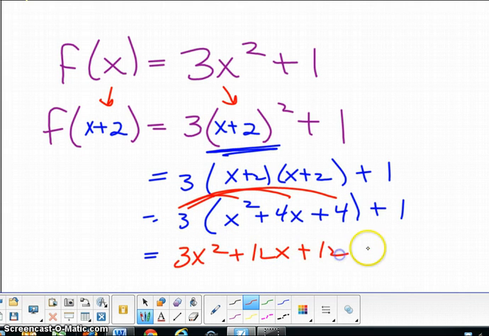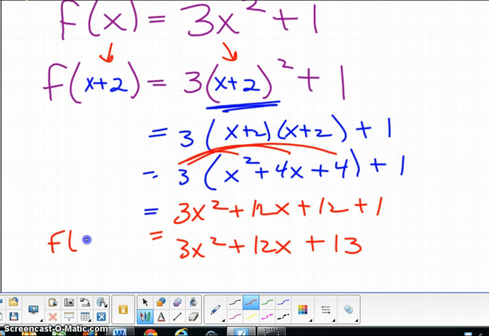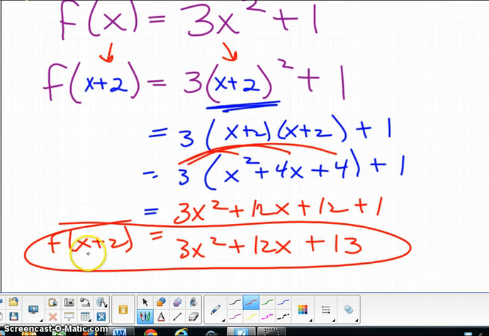And for the last step, I'm just going to combine like terms, which will leave me with 3x squared plus 12x plus 13. So that is the function value when it's f of x plus 2. Starts with an x in the original, so you're going to have x in the answer as well.